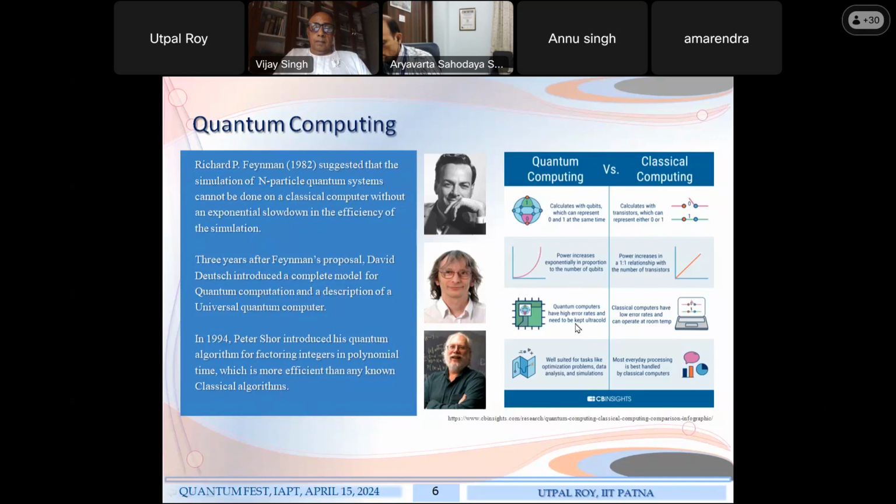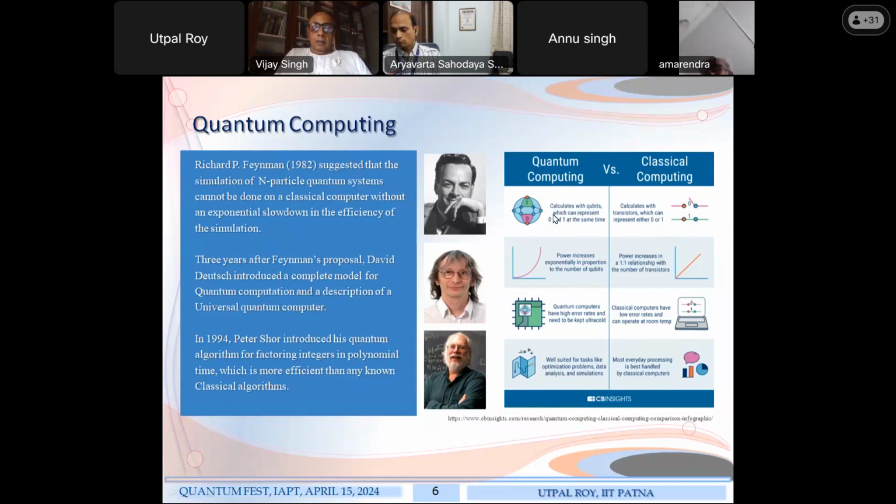If you look at the right hand side, this is a difference between quantum computing and classical computing, the major differences. The first row, if you can read it, is fine. Otherwise, I'll just mention: in classical computing you have on and off, so if on is 1, off is 0. However, in quantum computing, you have many intermediate states.